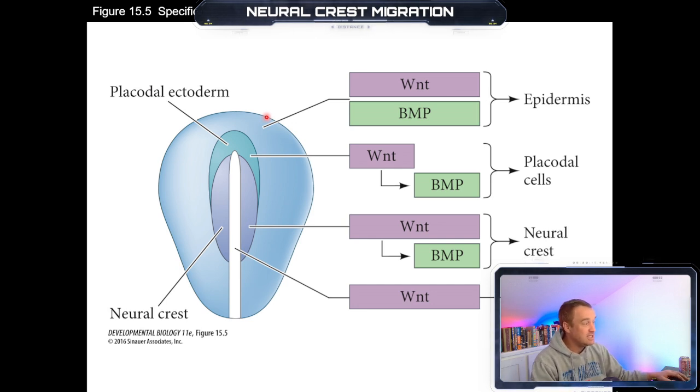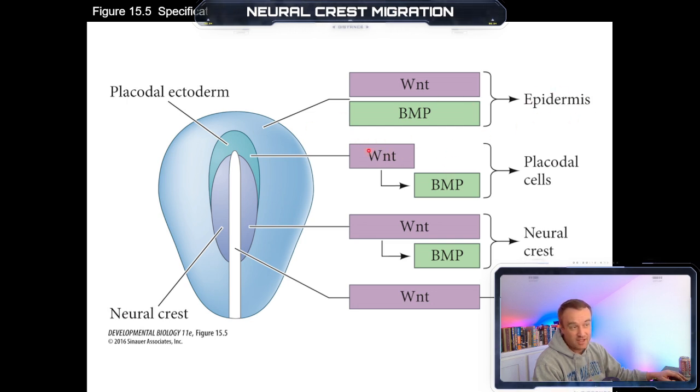If WNT induces BMP, then we get placodal cells. If WNT induces BMP but also remains active, so you can see this is time this way. In the case where both WNT and BMP are present the whole time, we get epidermis cells.